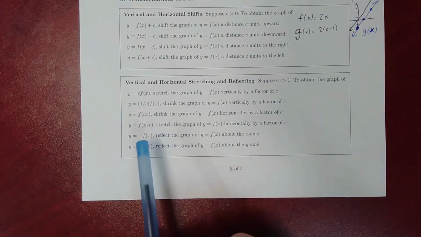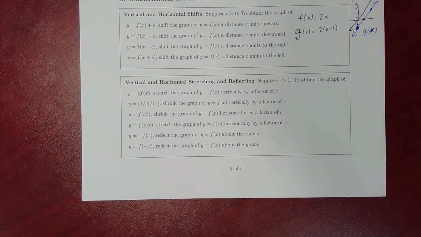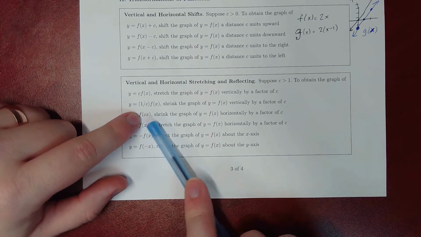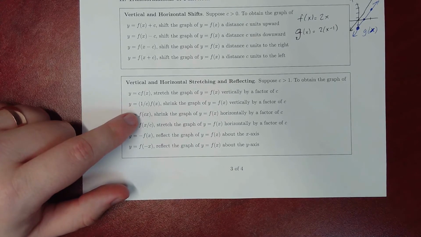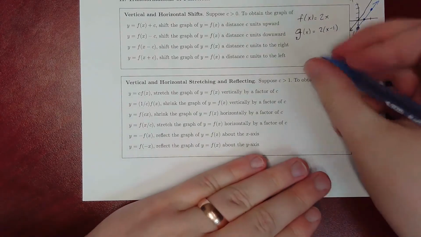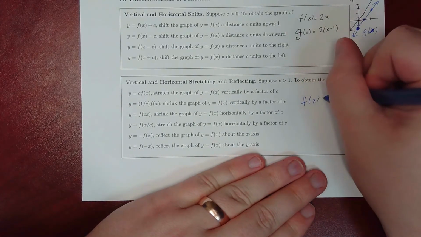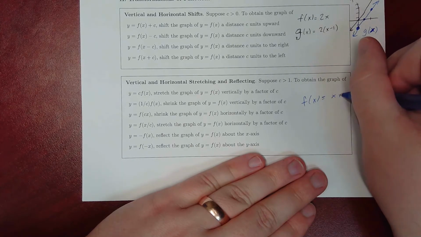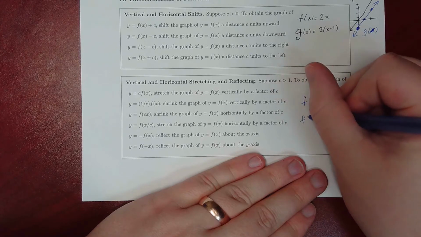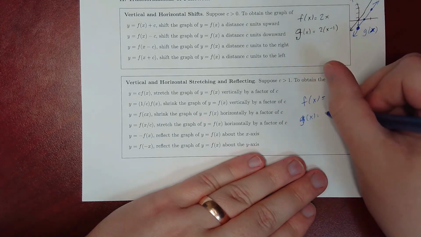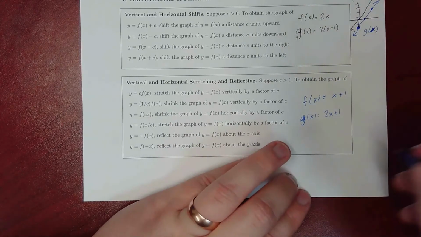Then there are these next two where we shrink and stretch the graph horizontally. So if we're multiplying by c, then what's happening is when we put in a specific value of x, we are going ahead, and so here if I said we had f of x equals x plus 1 and g of x equals 2x plus 1.